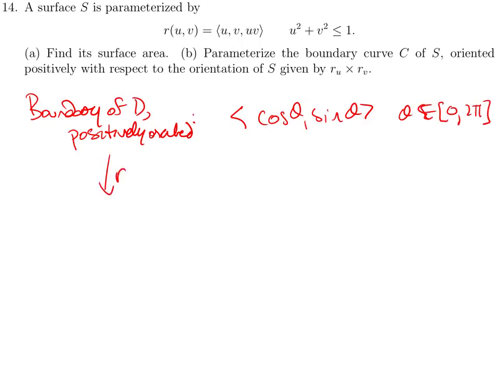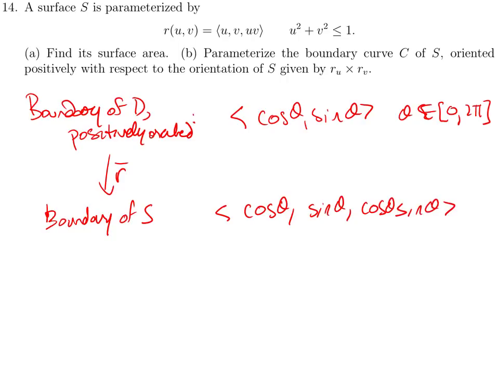Now the point is that R maps the boundary of D to the boundary of S. And so a parameterization of the boundary of S should just be R applied to this parameterization of the boundary of D, which will give cosine theta, sine theta, cosine theta times sine theta, where theta is from 0 to 2 pi. And again, this is positively oriented by the geometric reasoning on the previous slide. We figured out that the normal was going up, so we should walk counterclockwise.